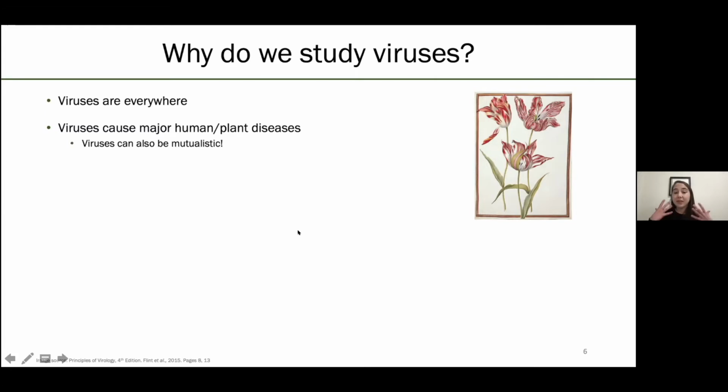But the more we learn about viruses, the more we understand that they are not just parasites. Viruses can also be mutualistic. With the development of new sequencing tools, we are uncovering a very large number of new viruses, and we're discovering that they can be commensal, so they can be in a host but not really damage the host.